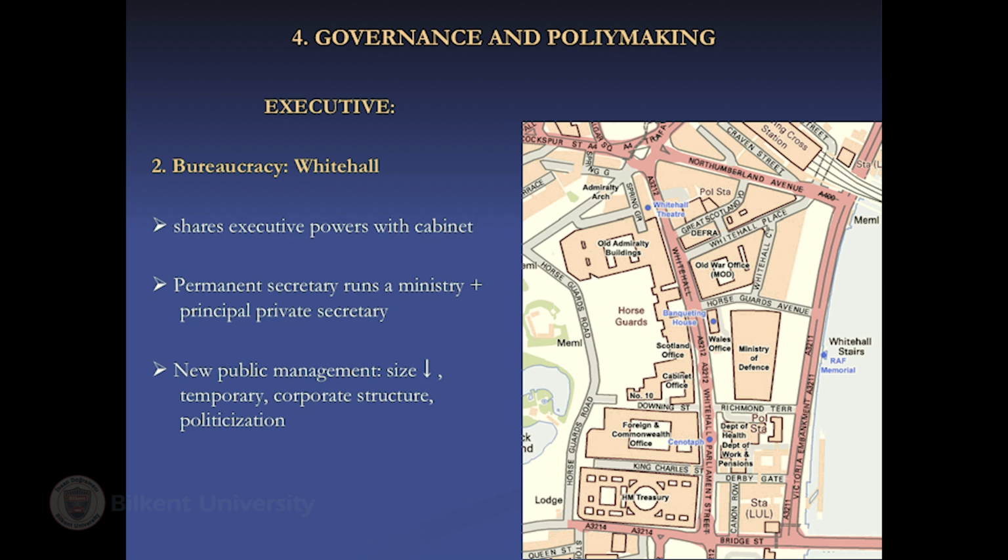Basically around it, the Department of Work and Pensions, Department of Health. So around Whitehall Avenue, you see government offices, ministries, executive buildings. This reminds you of Ankara's which district, which area?